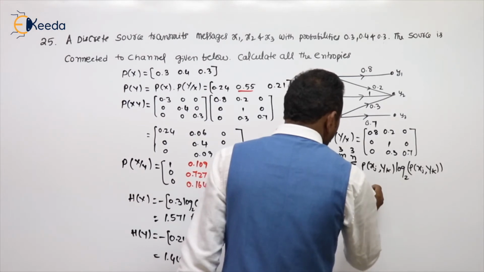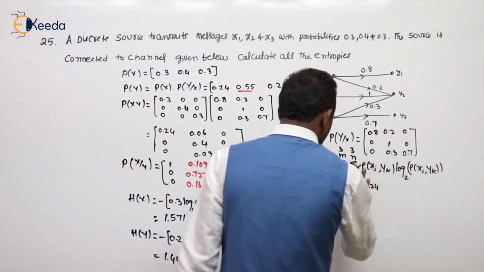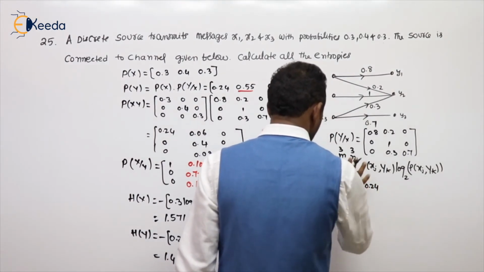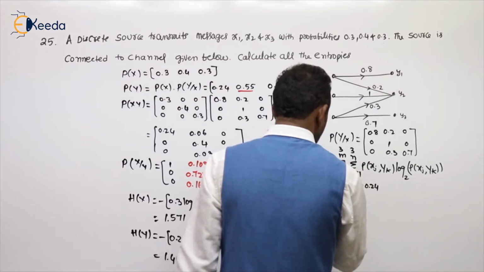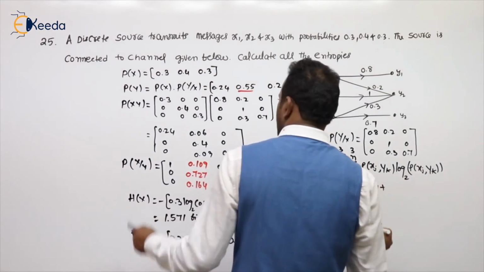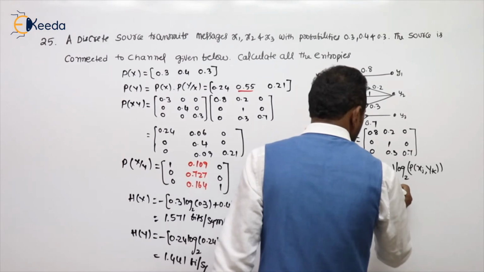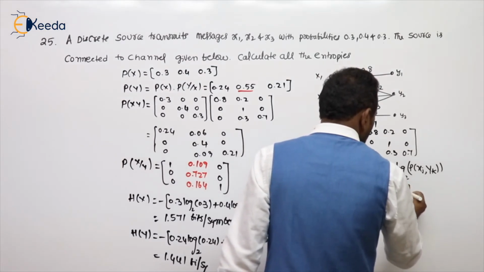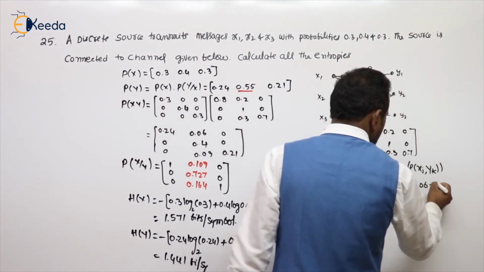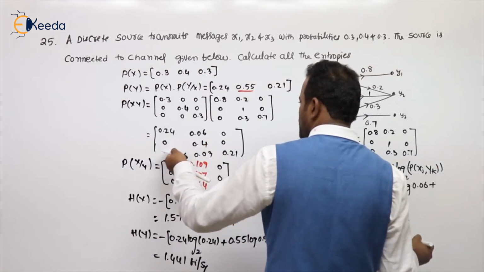Then you will get minus of 0.24 log 0.24, plus the next remaining element 0.06 log 0.06, plus the zeros, no need of writing.